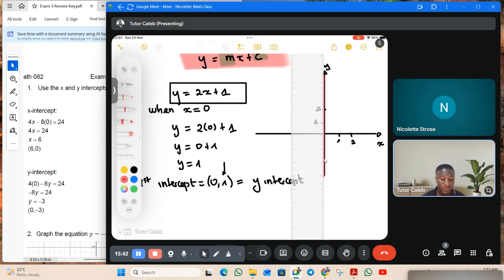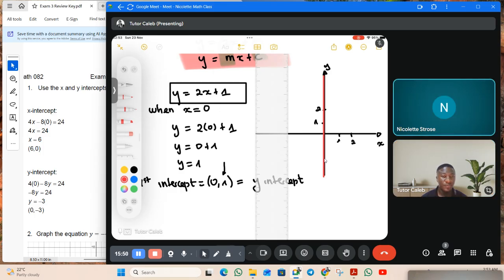You agree? A line that passes through 0. If they ask us to find the point 0, 1, the first lesson that I taught you was how to find a point on the Cartesian plane. Remember? We find the intersection between the x coordinate and the y coordinate.